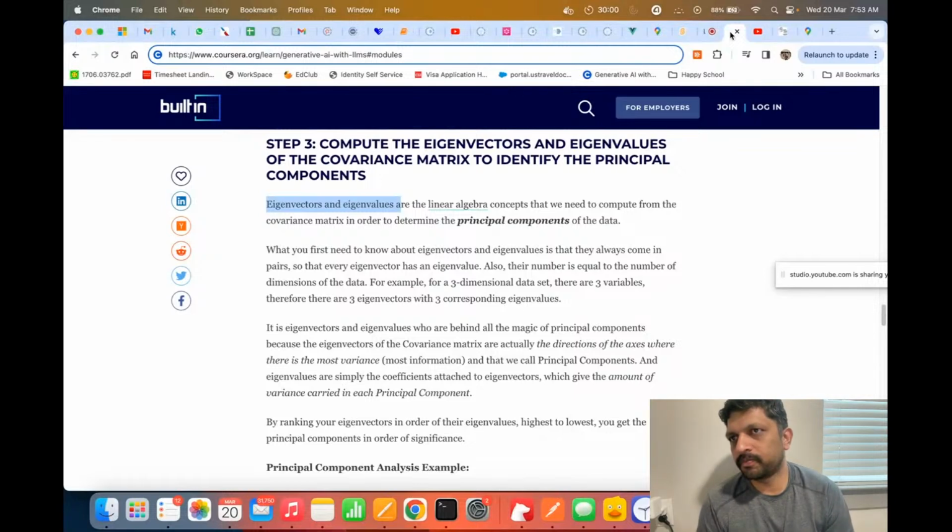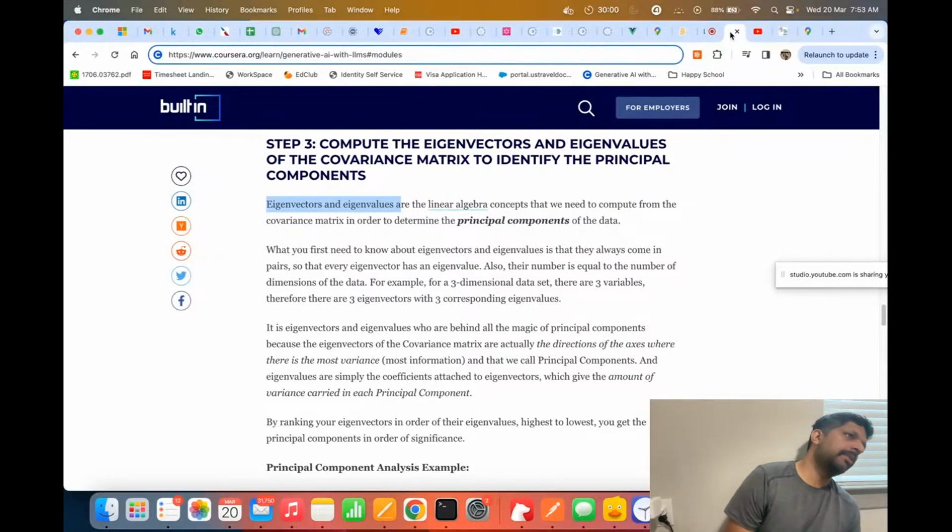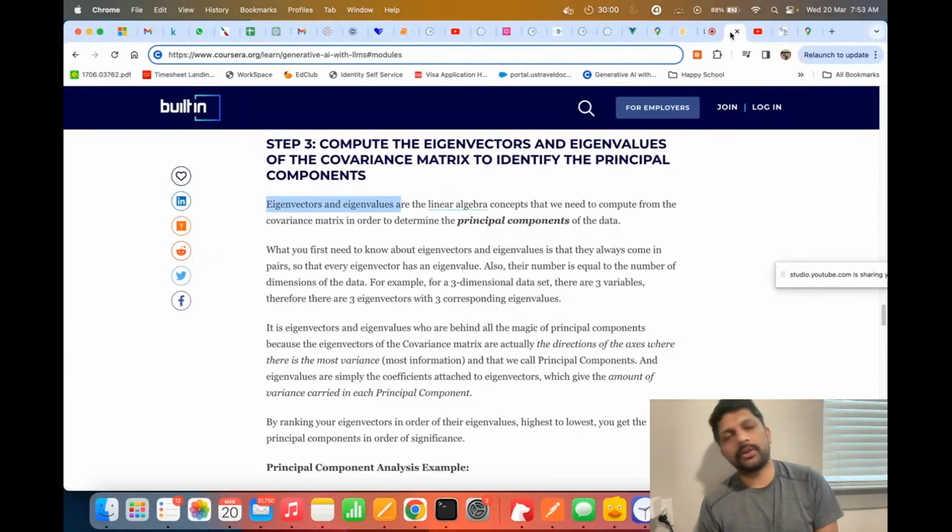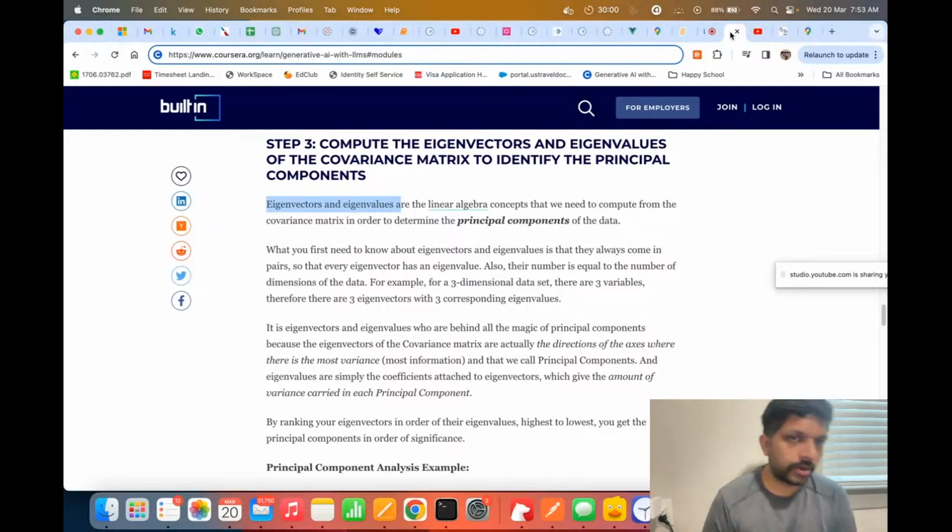Similarly, if we take the second eigenvector, which is calculated basing on the second eigenvalue, lambda 2, we multiply and derive the second principal component.